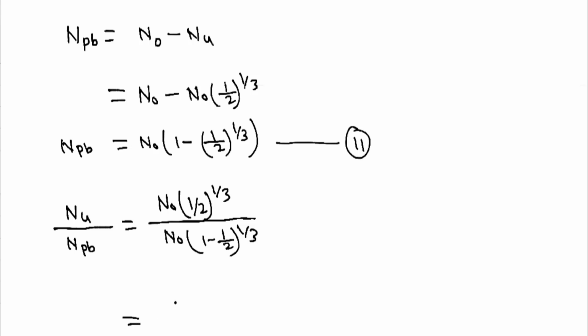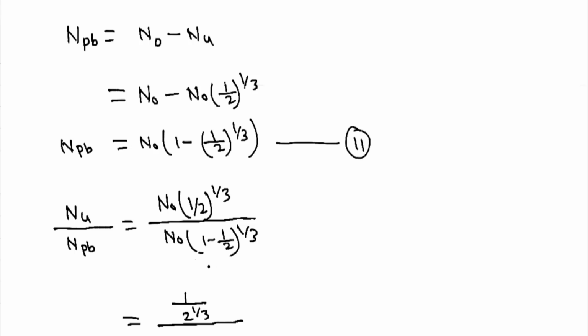So this is equal to (1/2) to the power 1/3 divided by 1 minus (1/2) to the power 1/3. From here we can write 2 minus 1, clear?